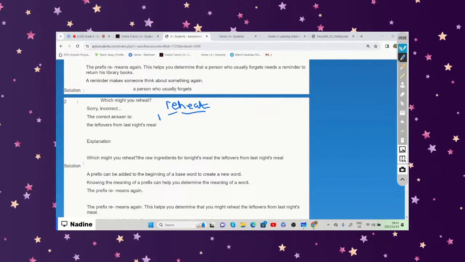And remember, like we said, a prefix is either a group of letters or a word that is added at the beginning of your base word, which is also a root word. Knowing the meaning of a specific word will make it very easy. Like, for example, heat, it's to do with warmth. And then we have reheat, it's to do something again.